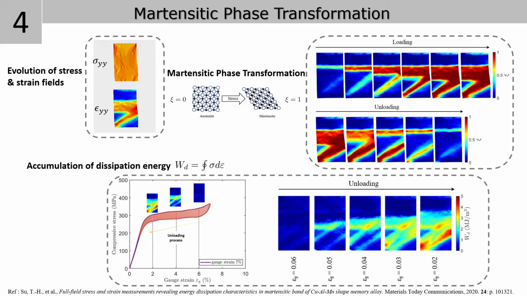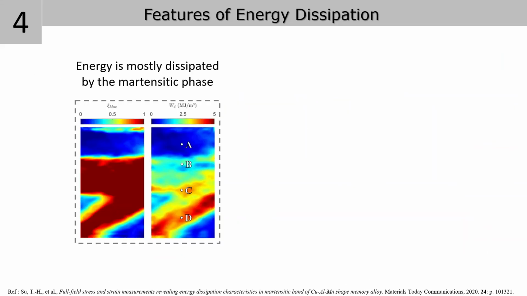Now we can look at the relationship between the Martensitic phase transformation and energy dissipation. We first plot side by side the maximum Martensitic volume fraction throughout the shape memory alloy and the distribution of dissipation energy for the complete loading unloading cycles.